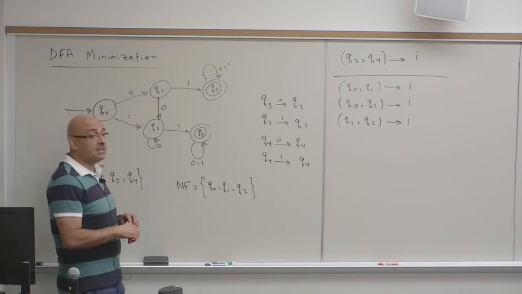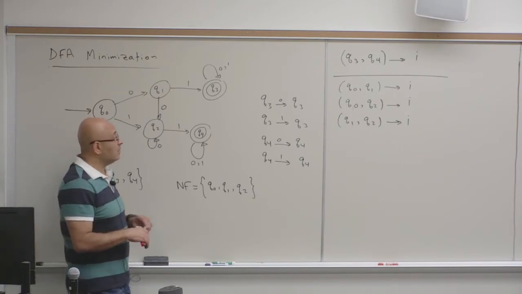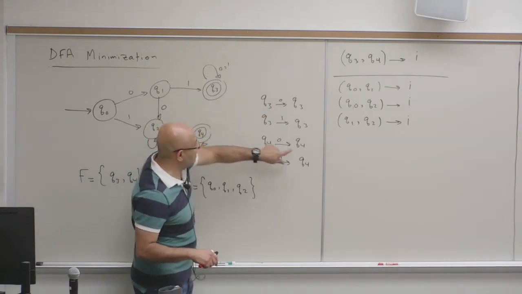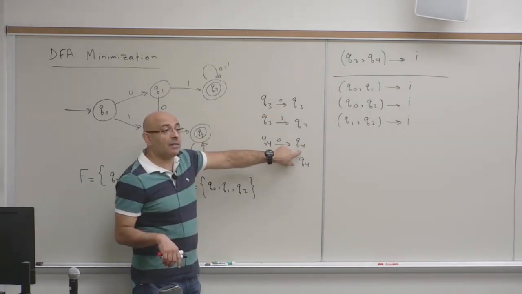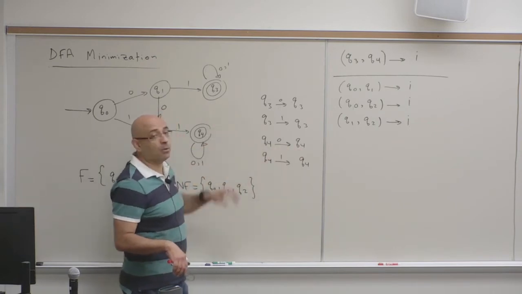Why? Because on a 0, Q3 takes me to Q3, but Q4 takes me to Q4. How can this be indistinguishable? In fact, it is indistinguishable, but why? It means that at this point they are indistinguishable.